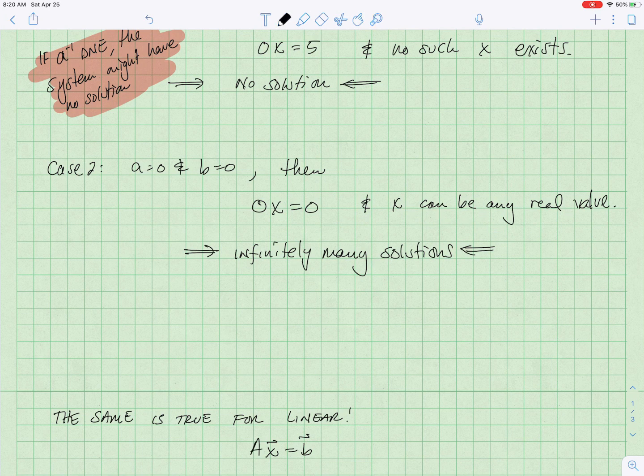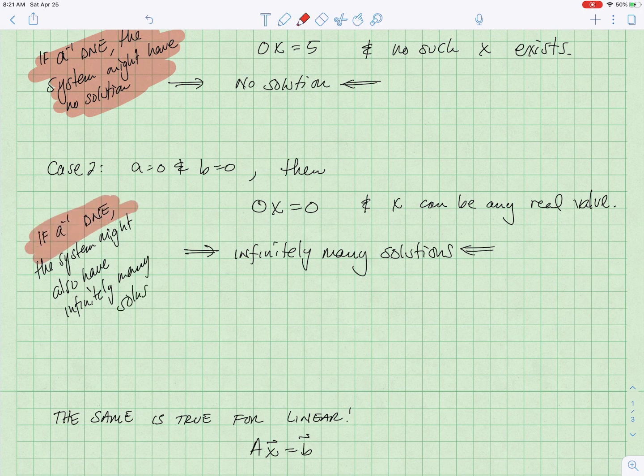So in this case, A inverse does not exist, as well as the case above. The system might also have infinitely many solutions. So we've got to be really careful when the inverse in algebra doesn't exist.